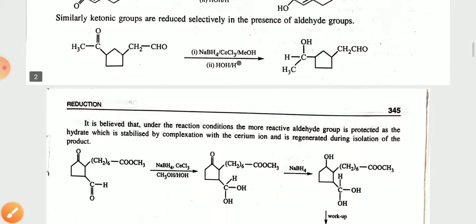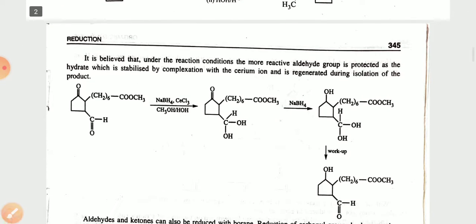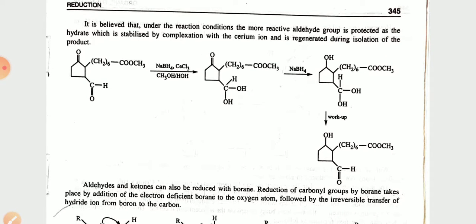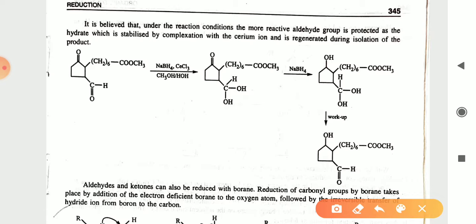Now it is believed that under the reaction condition, the more reactive aldehyde group is protected as the hydrate, which is stabilized by complexation with the cerium ion and is regenerated during the isolation of the product. In this kind of mechanism, you can see the carbonyl group present here and another carbonyl group present over here.